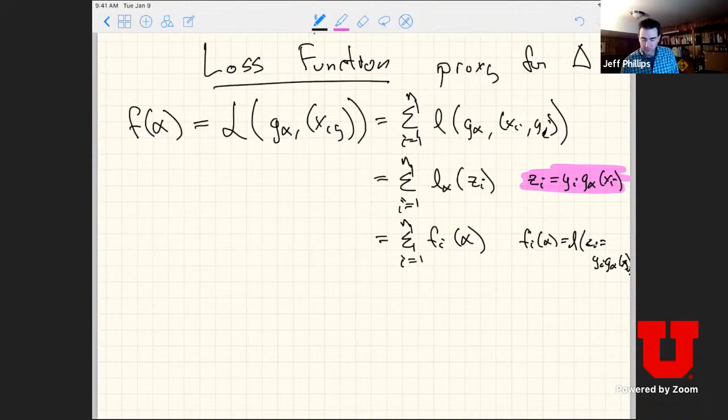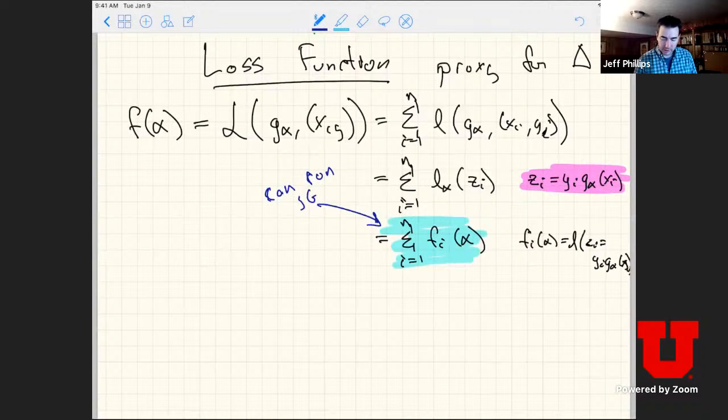The reason for writing it like this is that now, as a function of alpha, I can run SGD, stochastic gradient descent, on this.